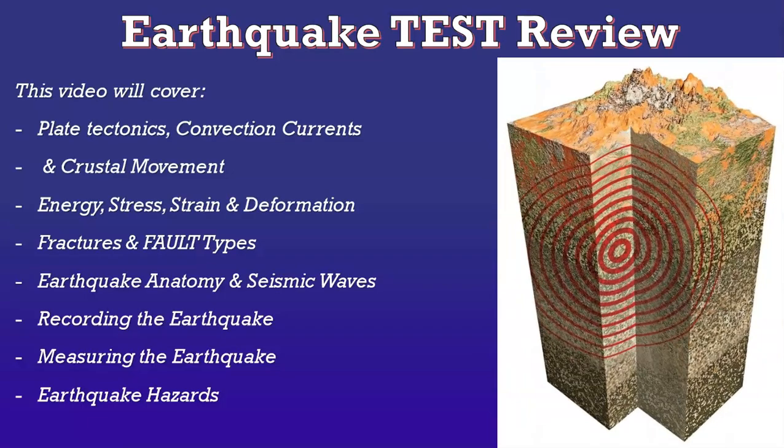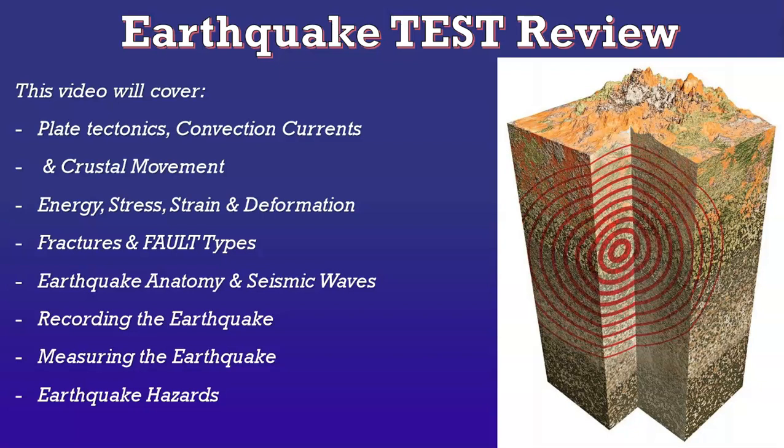Here is a list of topics and content we're going to look at in this video. We're going to start at the top, which is plate tectonics and convection currents, and work our way down through the logical progressive sequence of trying to build our knowledge and understand how earthquakes form and the different parts of seismology, based on the foundational knowledge of stress, strain, and deformation in crustal rocks.